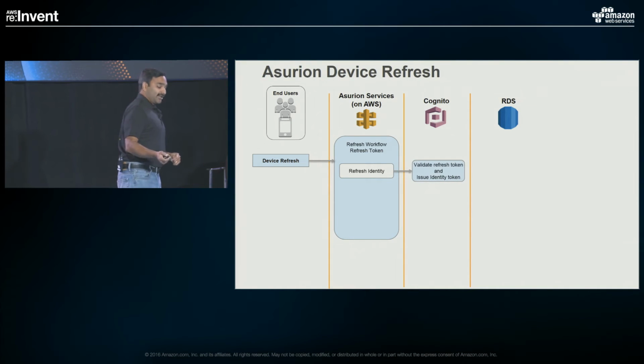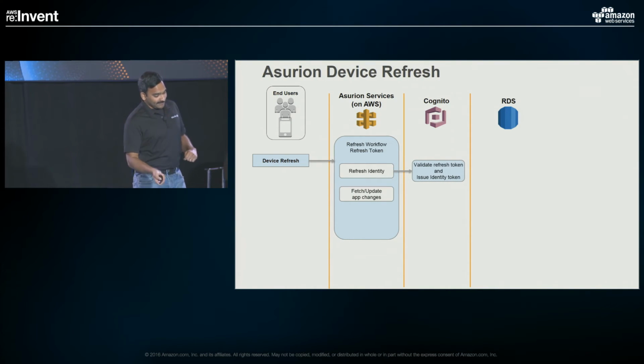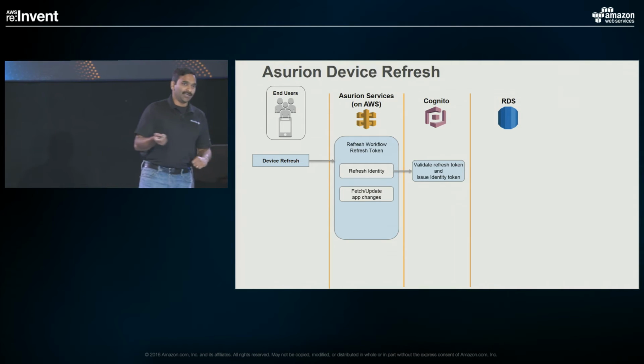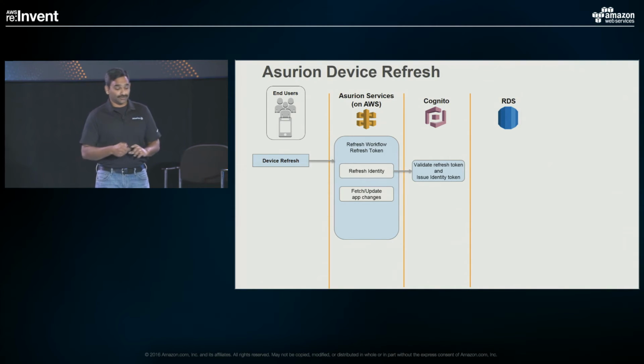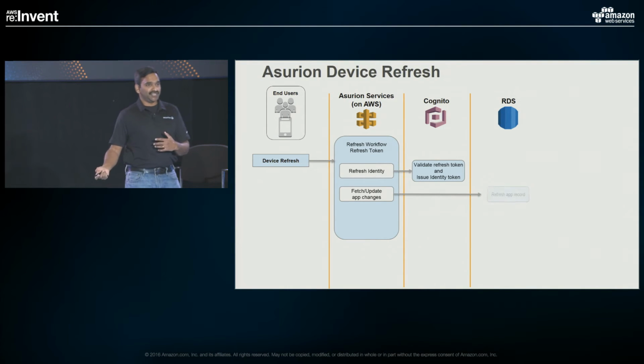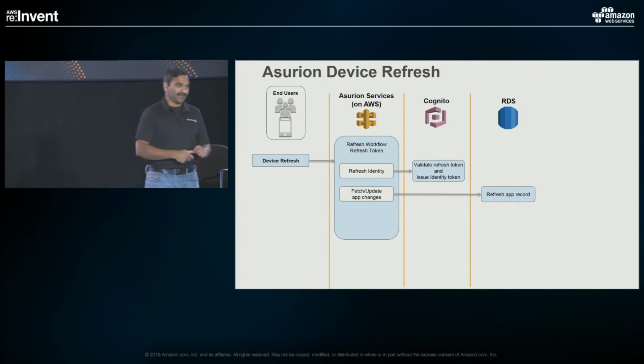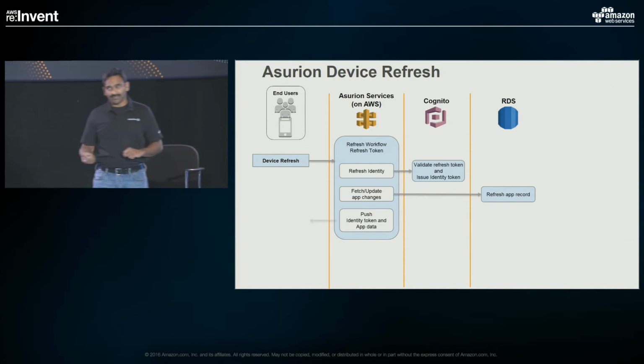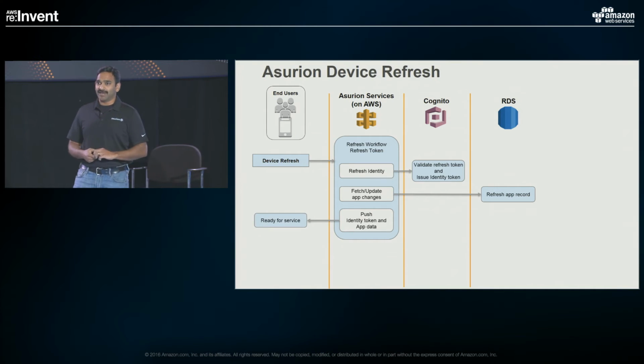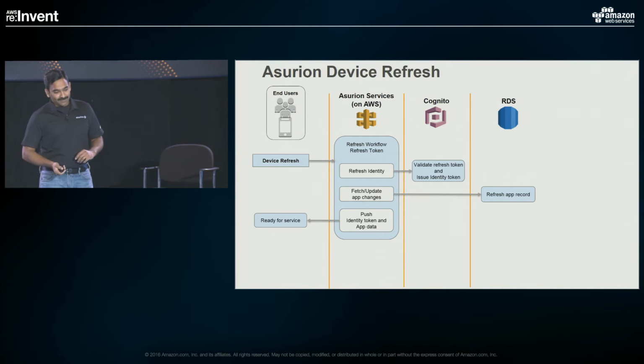We validate it against the Cognito, and once it's validated, we get the updated identity and the access token. So we are actually using this service to piggyback off of it to sync up the device settings if the user details changed, which is asynchronously updated in our app store. We fetch those updated changes and push it back to the device along with the identity and refresh tokens.